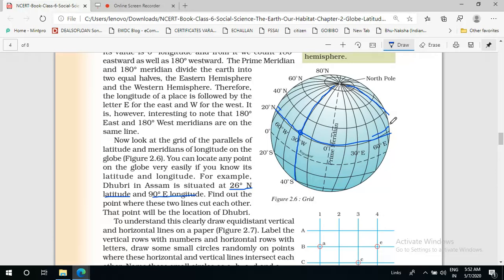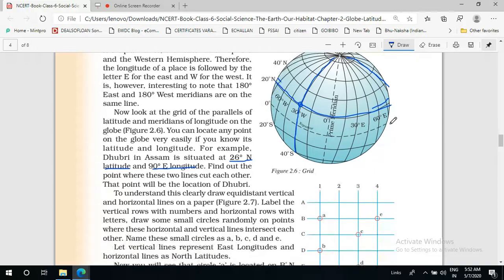In this way you can see that now it is very much easier for us to locate any place. If we know only the longitude, or only the latitude, then that knowledge is not sufficient to know the exact location of any place.